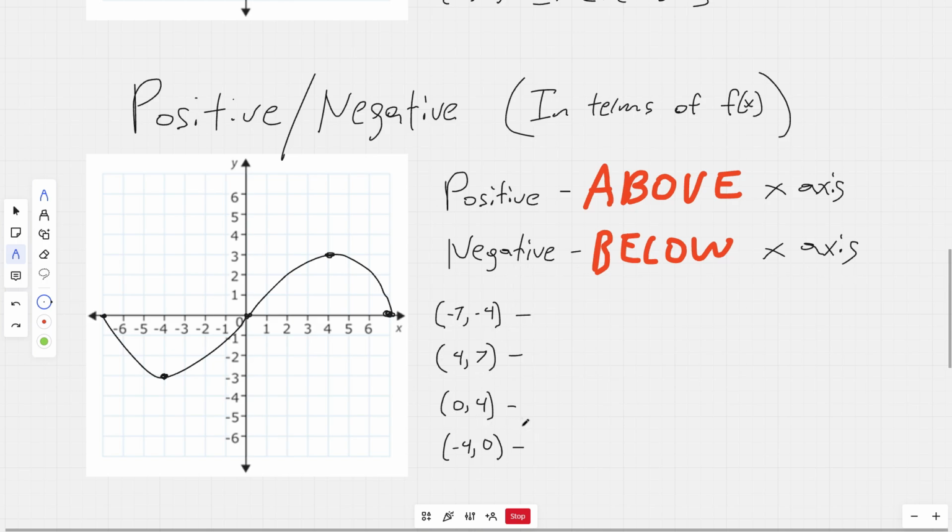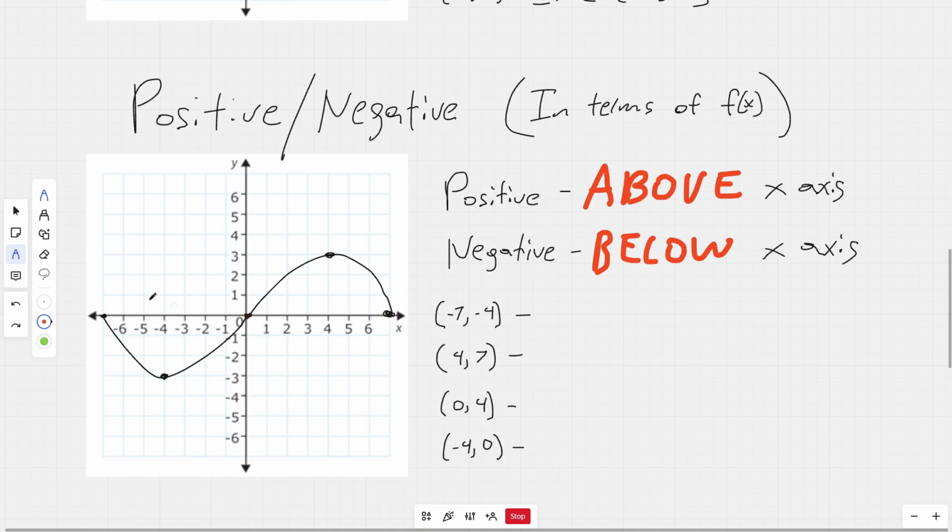I'm not even going to go through all these examples, because really all you have to do, boom, I'm done. Anything above is positive, anything below is negative, anything on the line is neither. Easy, right? You know what a positive number is, you know what a negative number is. If y is positive, then y is positive.